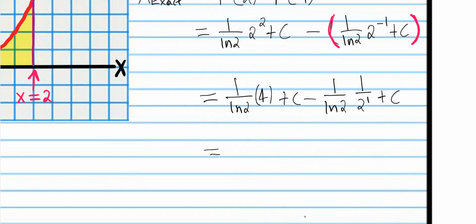And we can write that as 4 over natural log 2. The c's obviously cancel out, and we're left with 4 over natural log 2 minus 1 over 2 times natural log 2.